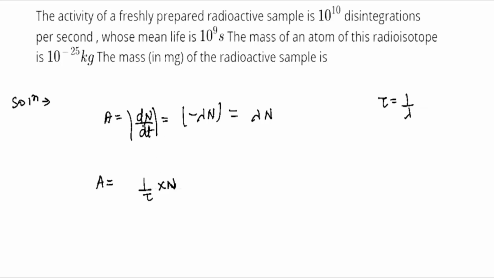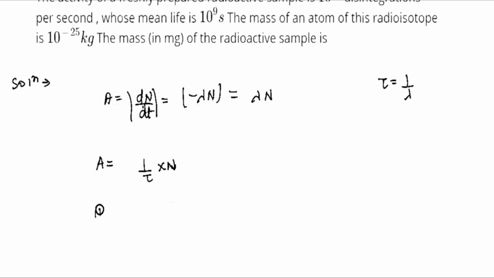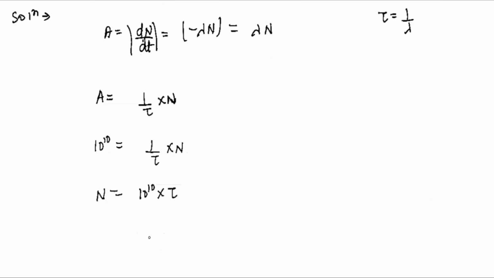So we are given the value of activity A. So 10 raised to the power 10 will be equal to 1 upon tau into N. So from here N will be equal to 10 raised to the power 10 into tau. The mean life is given as 10 raised to the power 9.